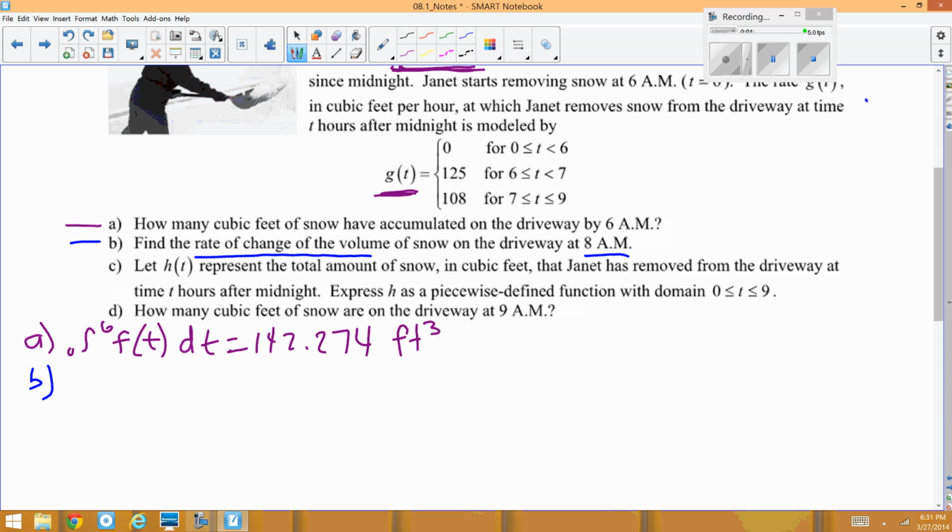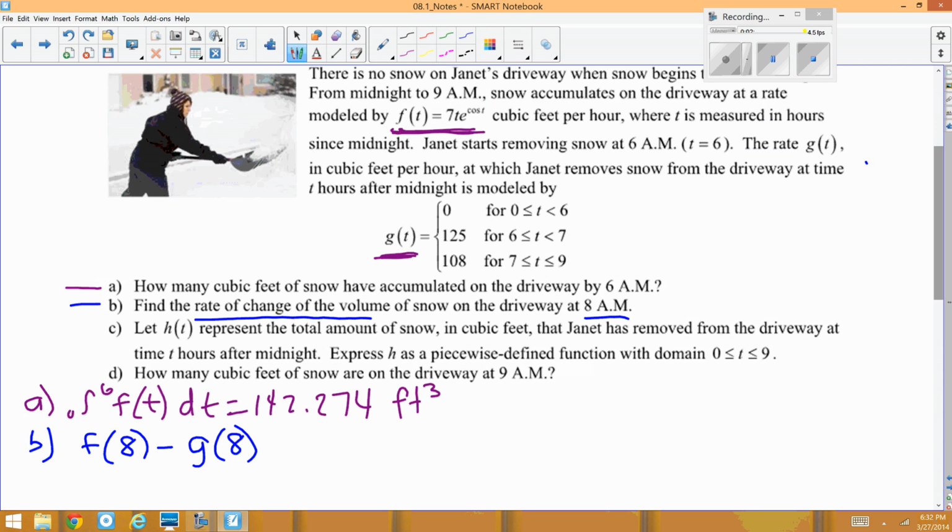So we have the amount of snow minus, oops, I should put 8 there. The amount of snow that's accumulating minus the amount of snow being taken away. And now you're just going to look at f.